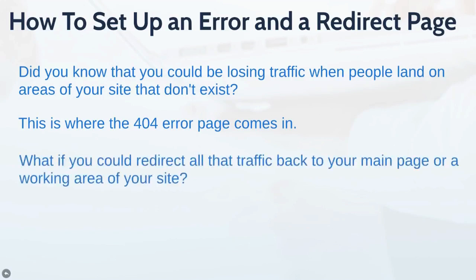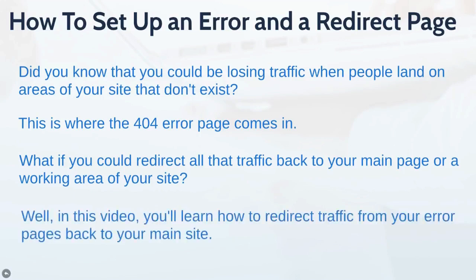What if you could redirect all that traffic back to either the main page or a working area of your website? That's what you can do, and in this video, we're going to show you how to create that 404 error page. And we'll talk about the other types of error pages as well.